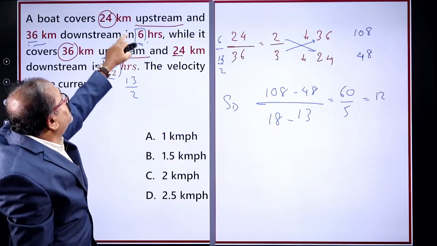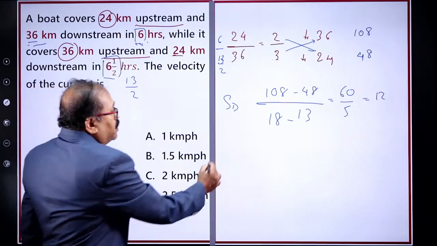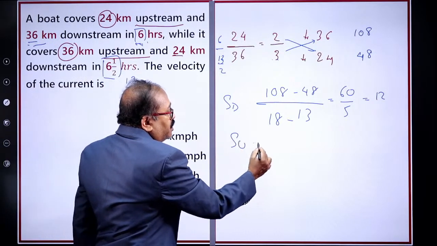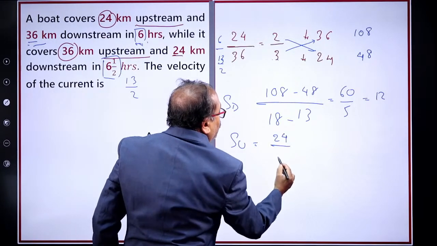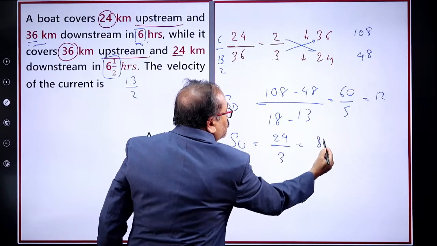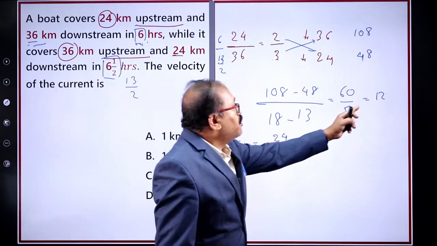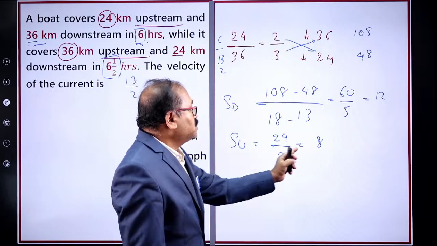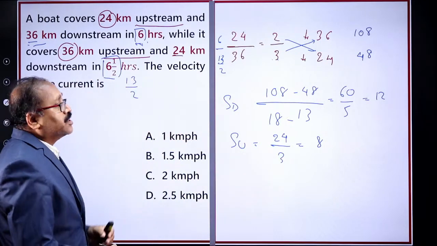This 3 hours is taken to cover 24 km upstream. So the speed of upstream will be this 24 divided by this 3 hours, that comes to 8. So this is your speed of downstream and this is the speed of upstream. You need to find out the speed of current.